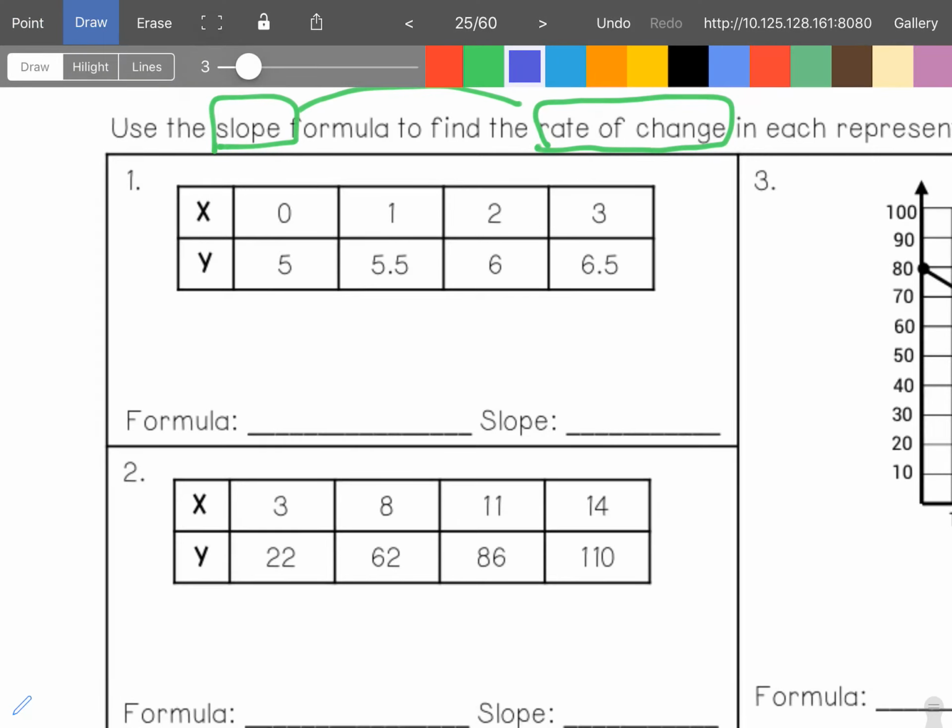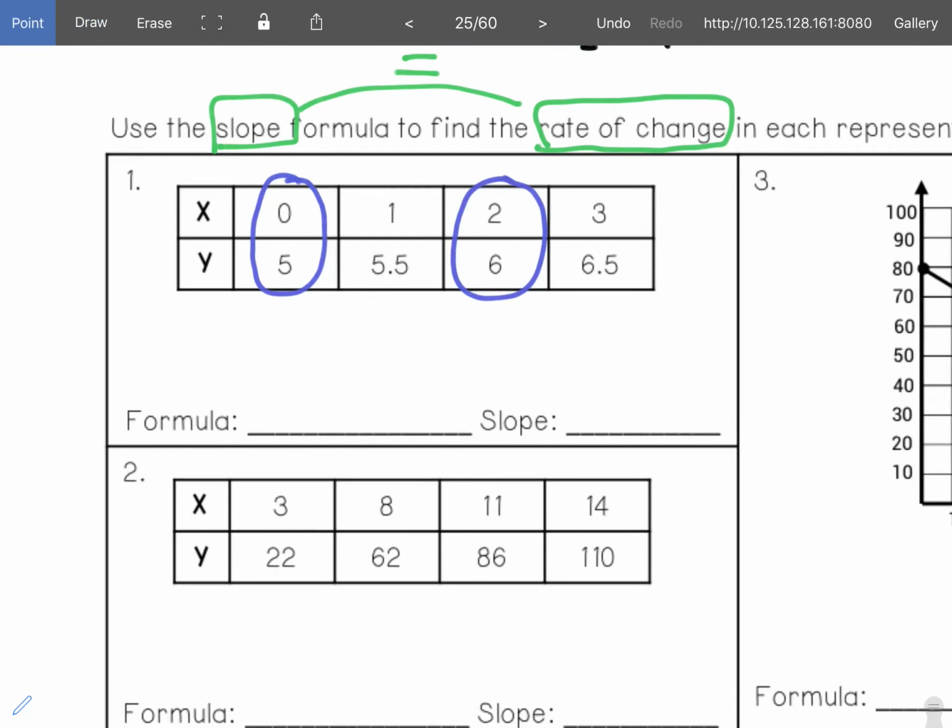Now personally, if it were me and I got to choose, I would choose the ones that didn't have any decimals, or maybe they were easier to work with. So I'm going to choose 0, 5 and 2, 6. So remember, for our formula here, in order to find the rise, which is our numerator, we subtract the y's. Now, if we want to do 5 minus 6, that's fine, but then for the run, we have to do 0 minus 2.